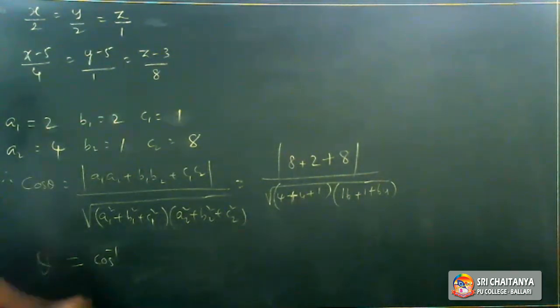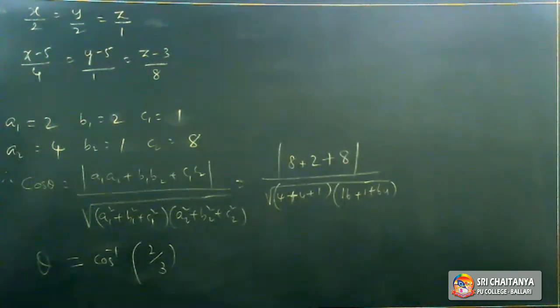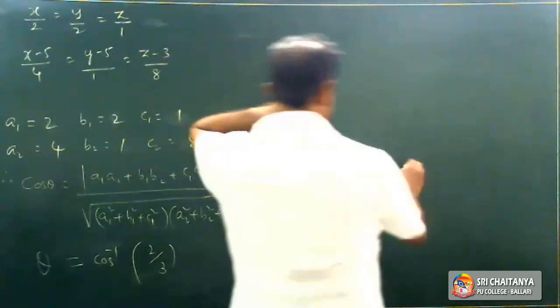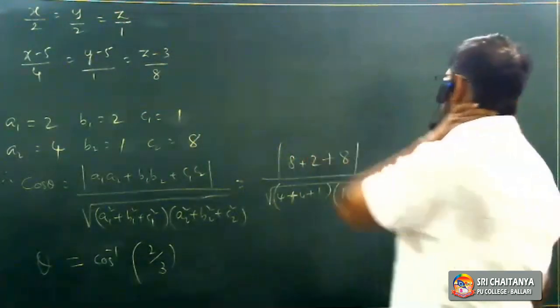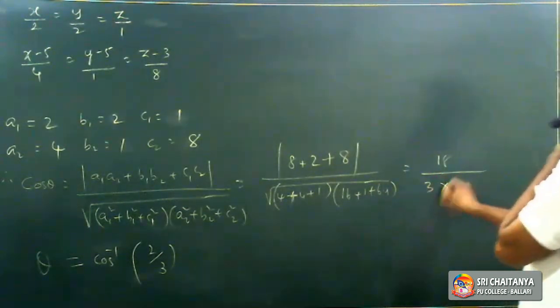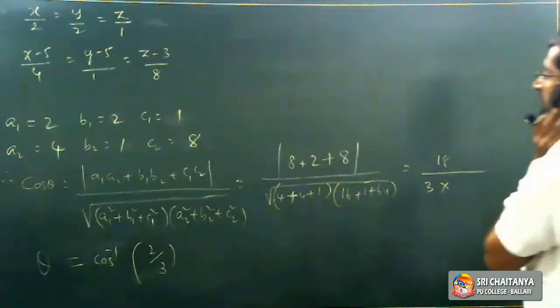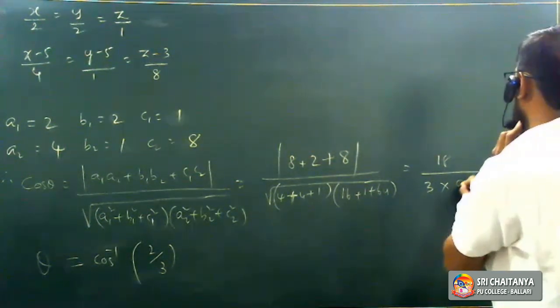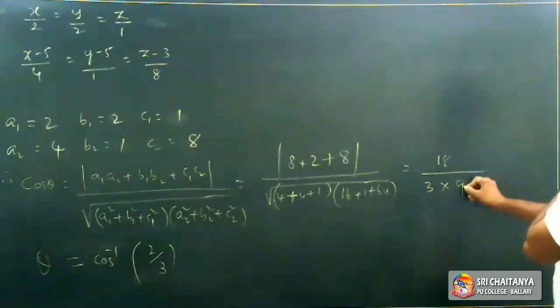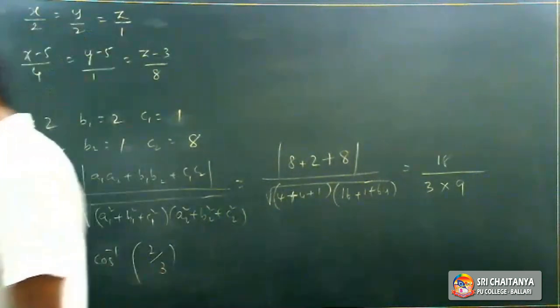You should get cos inverse of 2 by 3. 18 by root 9 value is equal to 3, into this value becomes 81, 9 ones and 2s. So you are going to get cos inverse of 2 by 3.